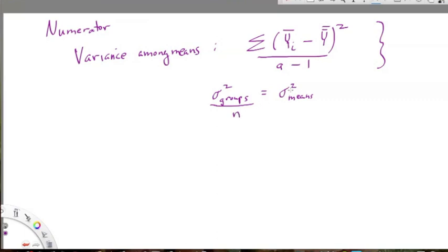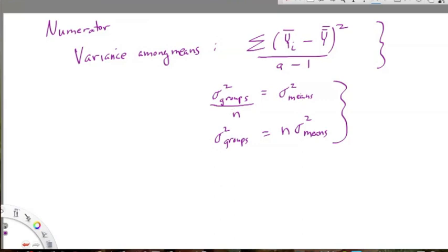So the variance among means is smaller because we're taking an average, so we've lost some of our total variation, and to get it back, to get the variance among groups, we would actually multiply n times the variance among means. Okay, so that takes some thinking about, and if you want to go back to the root of this concept, take a look at Sokal and Rohlf. They explain it in more detail there.